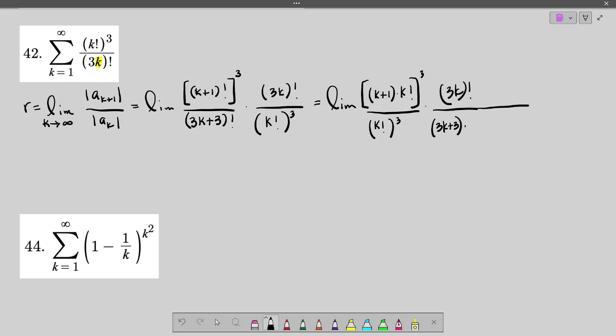So 3k plus 3, what's the next factor? 3k plus what? If we subtract 1 from this, what would we get? 3k plus 2. Yeah. And then if we subtract 1 again, we get 3k plus 1.